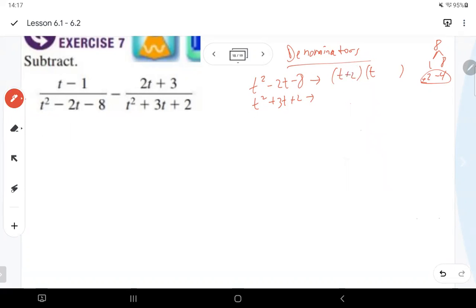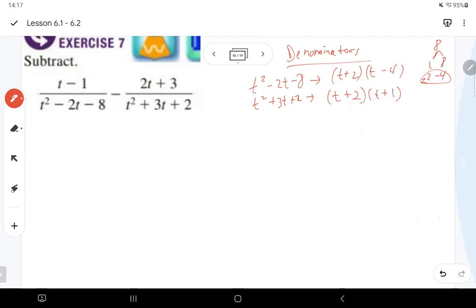Plus 2 and a minus 4. Now for the next one, we need factors of 2 that'll add or subtract to give us 3. Well, we know that's just going to be 1 and 2. So we're going to need a plus 2 and a plus 1.